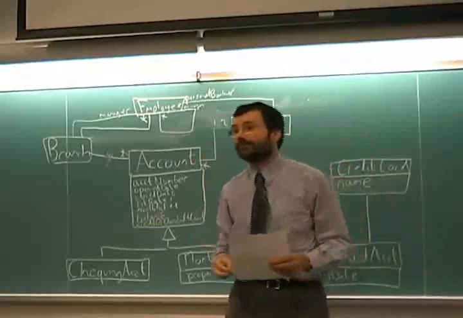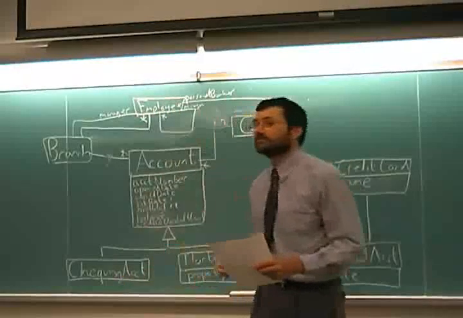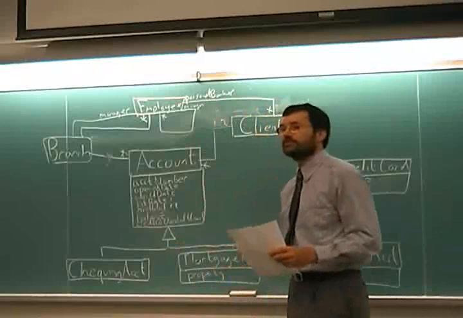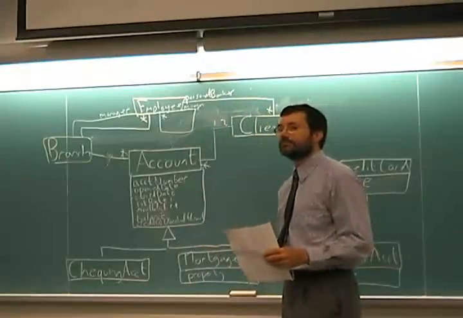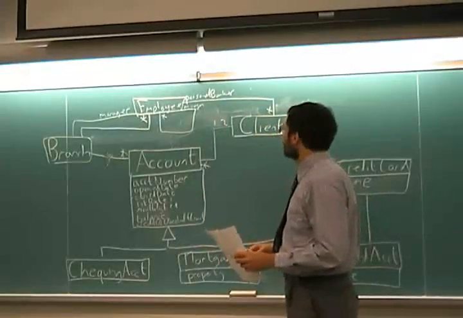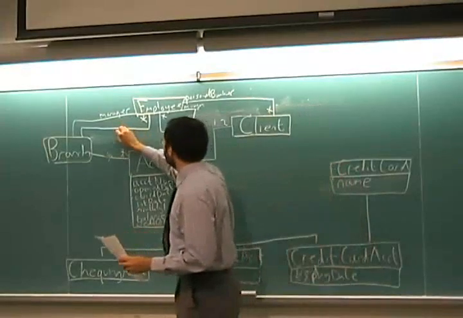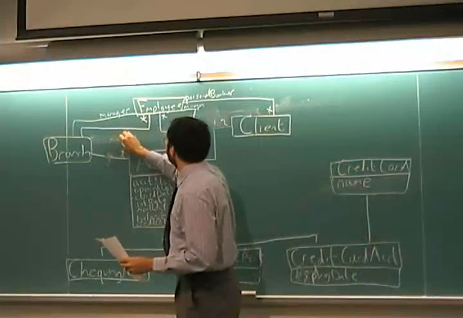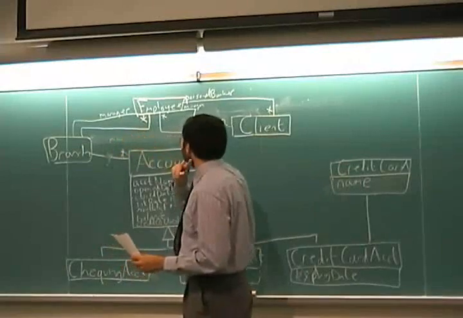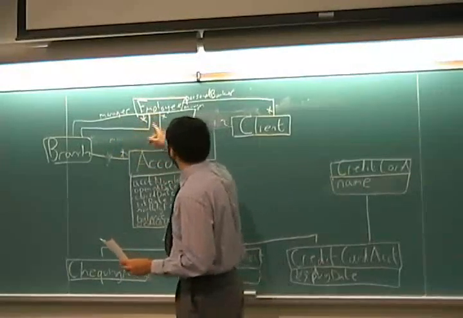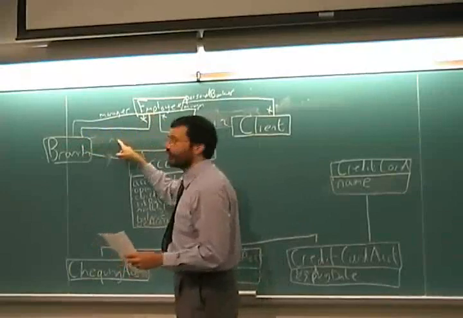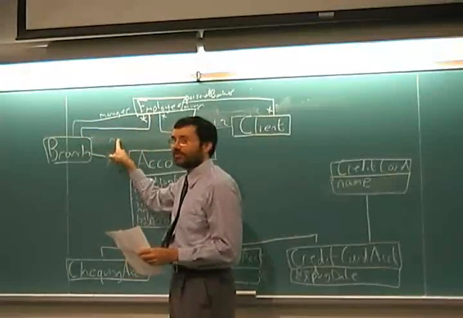Question: what about the association class between branch and employee, the manager? The manager, you mean here? Well, not really. To start with, this isn't a many-to-many association, and generally speaking, association classes go on many-to-many associations.